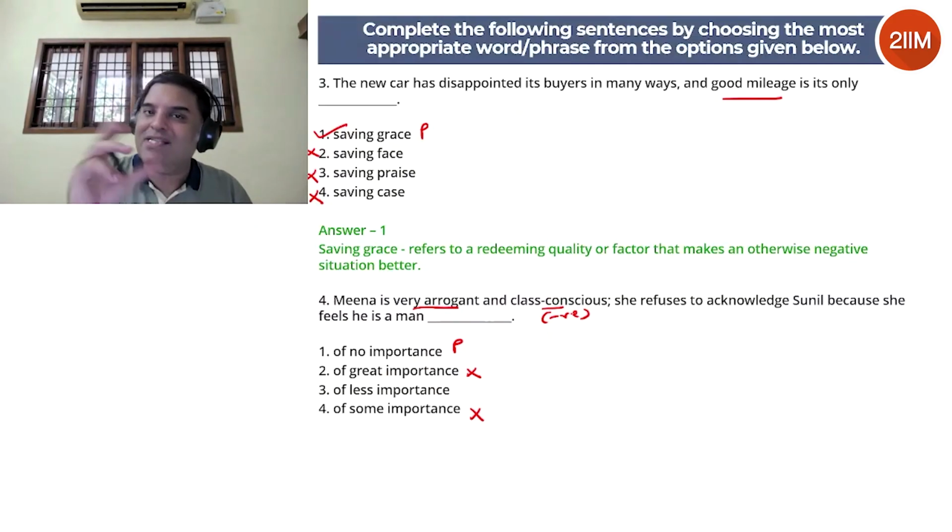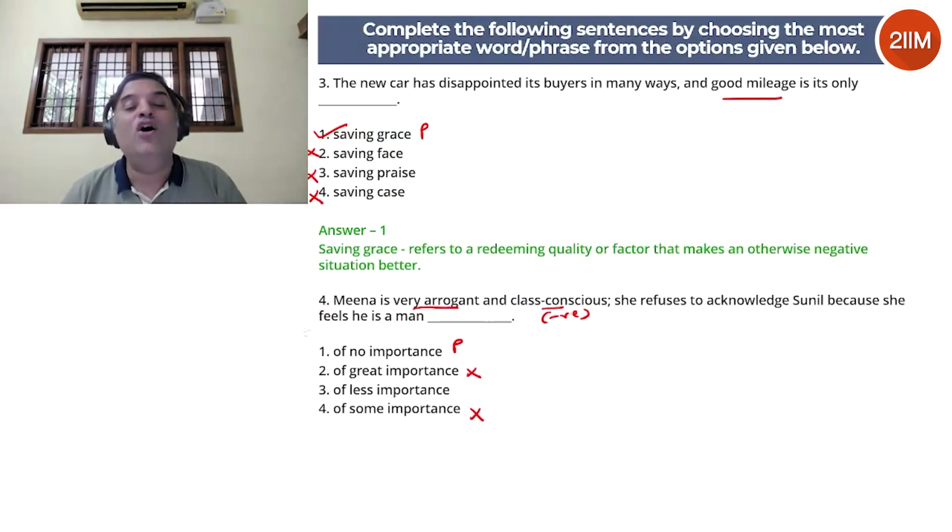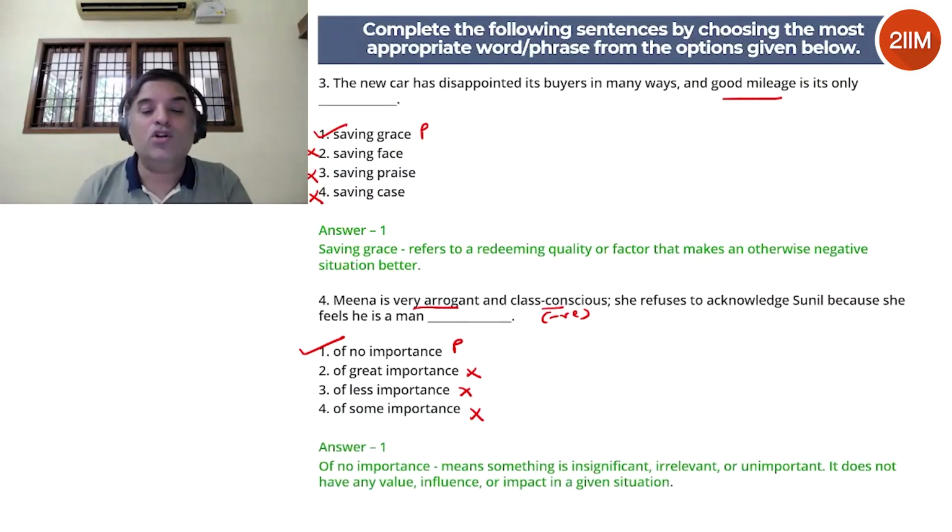Less importance is correct English-wise, but if you look at the context, of no importance is a better fit because she's very arrogant and class conscious, so it's likely that she's completely disregarding him. That's why it's a little tricky. Some of you might have picked less importance, but no importance goes better with the context. Always remember, your job is to pick the best answer. Of no importance means something is insignificant, irrelevant, unimportant, does not have any value.